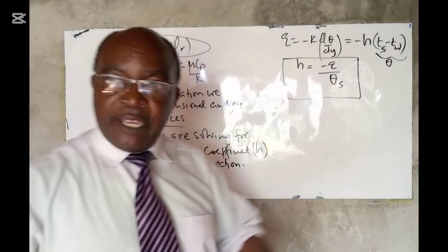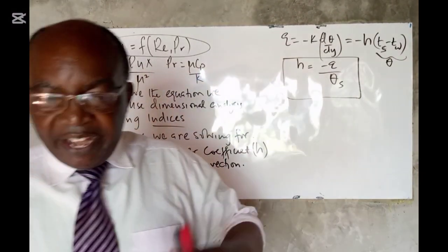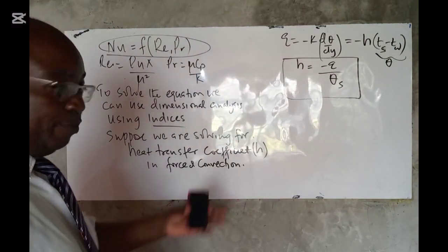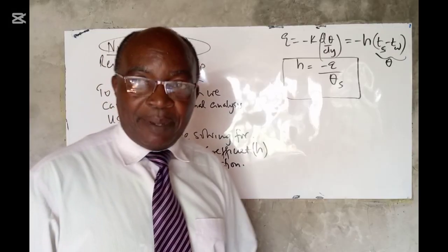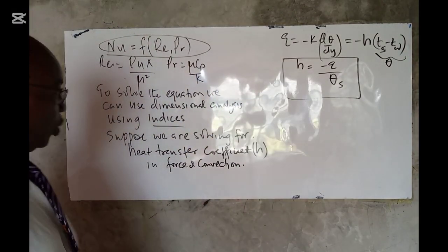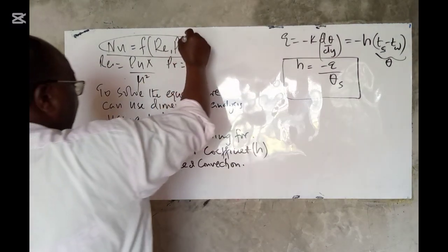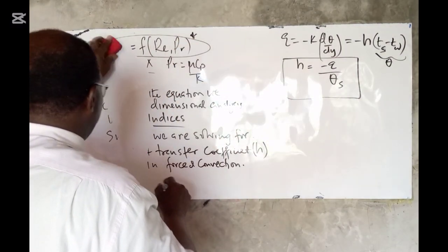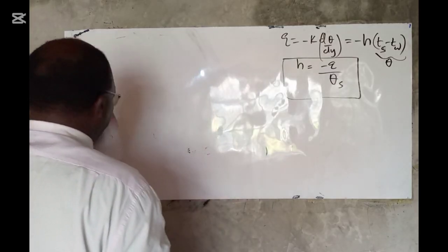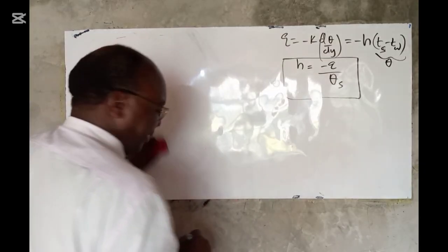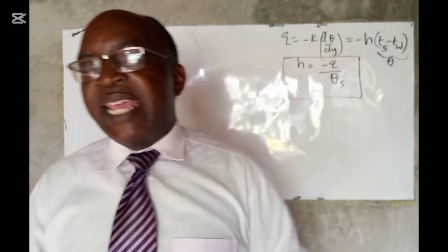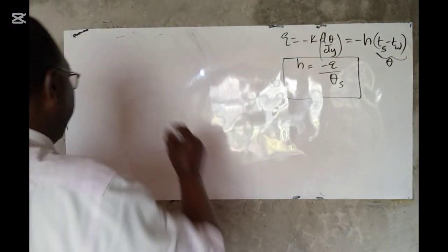Like I've said, you can solve it using differential calculus, where you set up those differential equations, but we want to look at dimensional analysis in the solution for this key equation. For you to use this dimensional analysis, you must have an idea which variables are involved in the heat transfer.